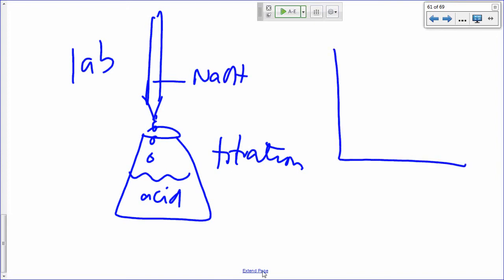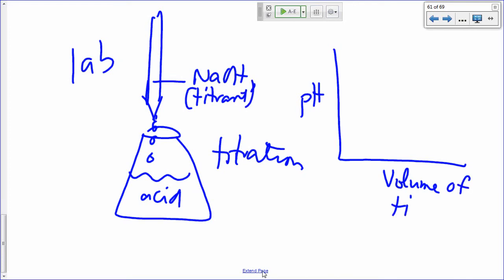And if you can monitor pH versus volume of titrant, this is called titration, so your sodium hydroxide is called your titrant, okay? Volume of titrant. If you were to monitor the pH of this mixture, what will happen? You start off with just acid, right? So you start with a low pH, and then the pH will gradually increase, okay?